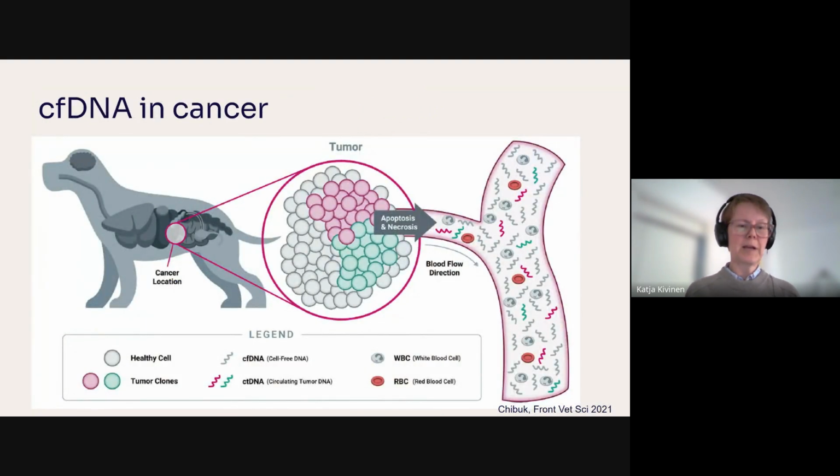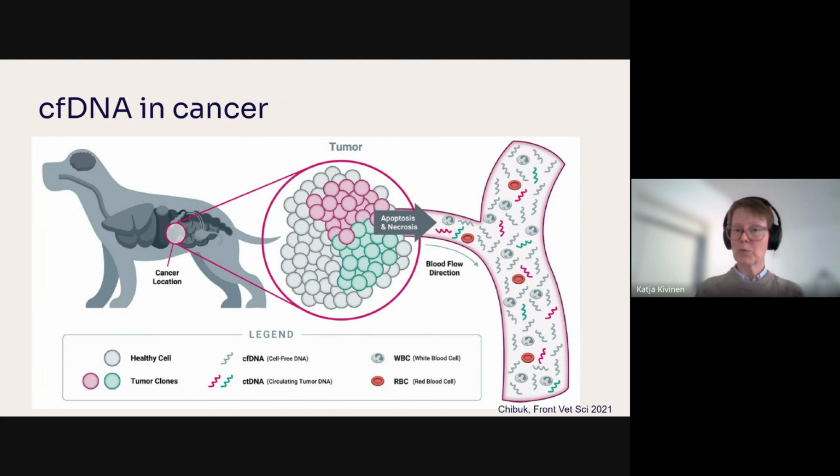Here's an example from cancer. What we know of cancer is that when the cancer cells divide, this in itself can release some of the DNA in the circulation. Also, when the tumor growth is rapid enough, the surrounding tissue cannot nurture the tumor, and then it starts to die from the inside.